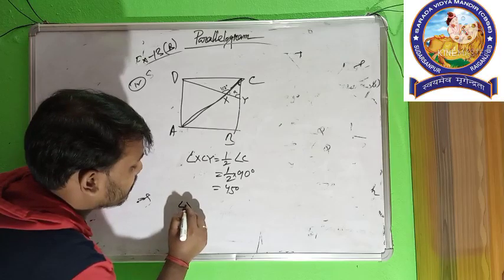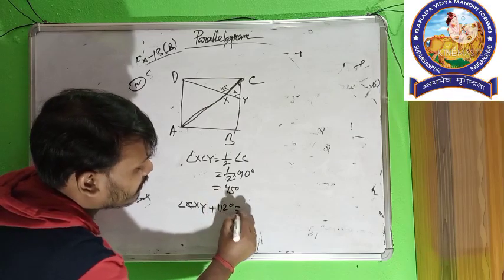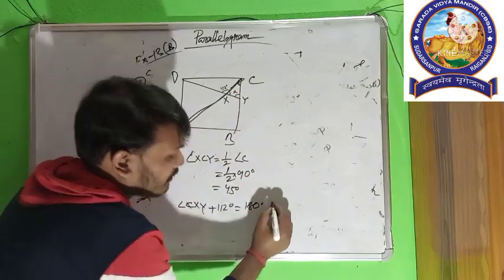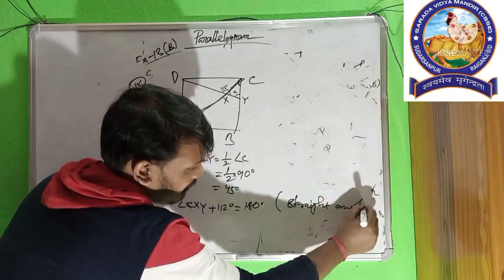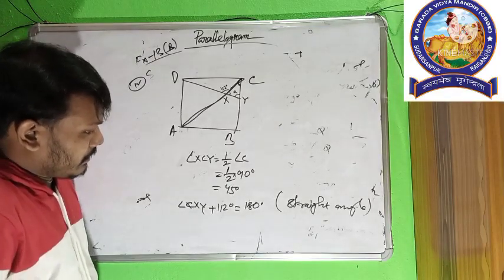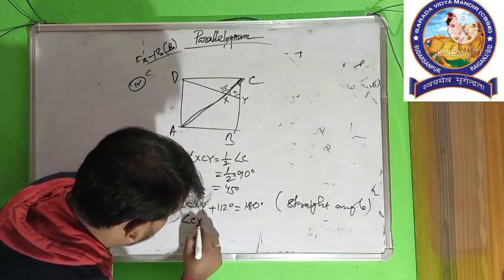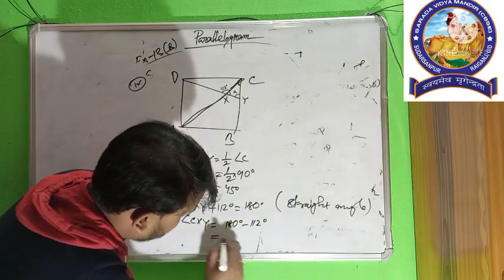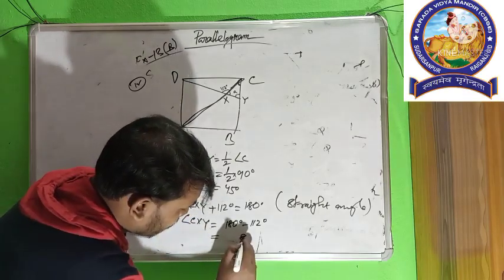Angle CXY plus 112 degrees makes one straight angle. This value and this value make a straight angle. So angle CXY equals 180 minus 112 degrees, which is 68 degrees.